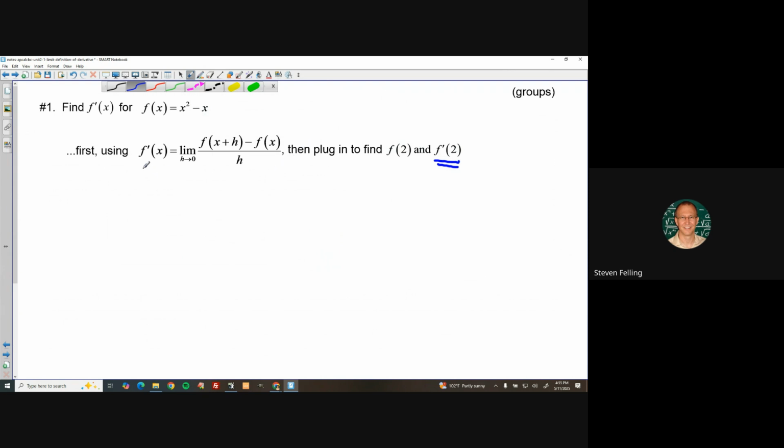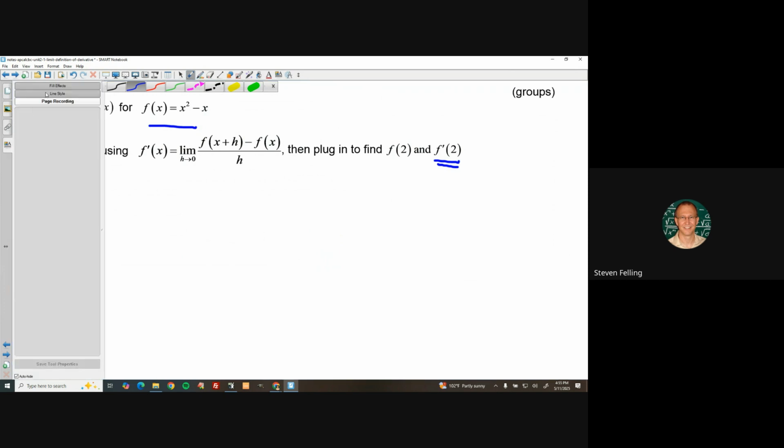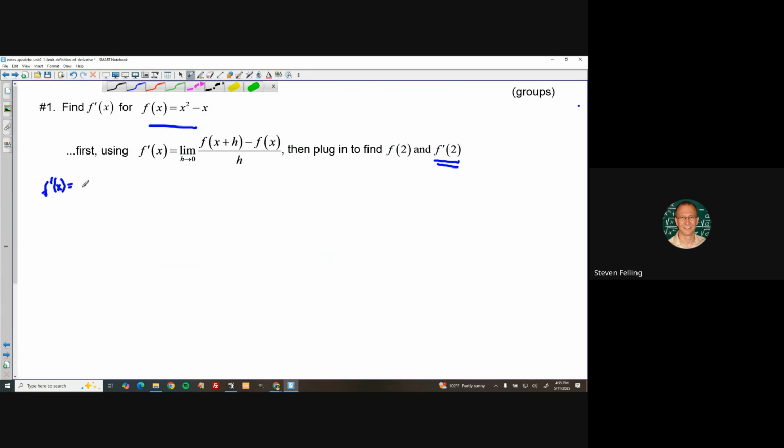So let's use the more generic one here. f prime of x is the limit as h approaches 0 of f of x plus h minus f of x, over h. And let's compute that for this function. So what we can do is say f prime of x, we should always label our results here, is going to be equal to the limit as h approaches 0 of, and then there are 2 copies of this f function.